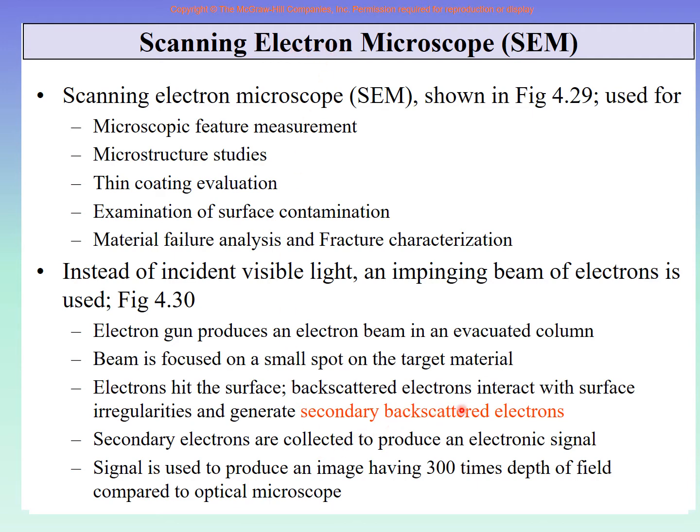There is something called backscattered electrons and secondary electrons. I am not going to go into the complete physics of it, but you know that light waves have a certain wavelength. But electrons are not even nanometers, right? Nanometers are diameter size and radius size. So they are hundreds of times smaller than these, right?